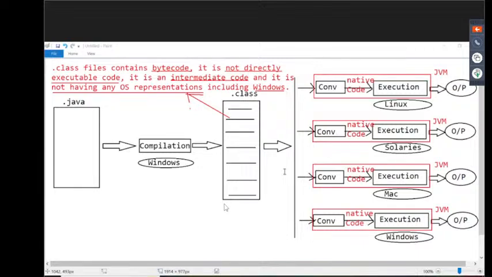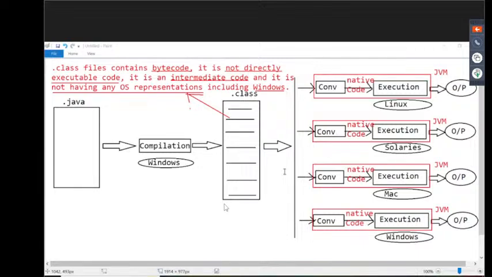Understand my question clearly. Four times we are executing our program, in the sense, how many JVMs have we used? Is it only one JVM or 4 JVMs? Only one type of JVM or 4 types of JVMs? Think and give the answer.